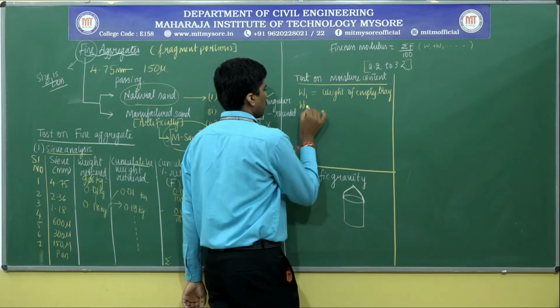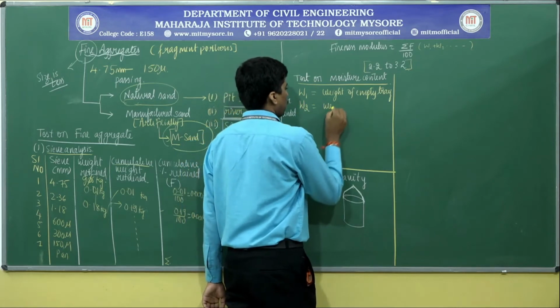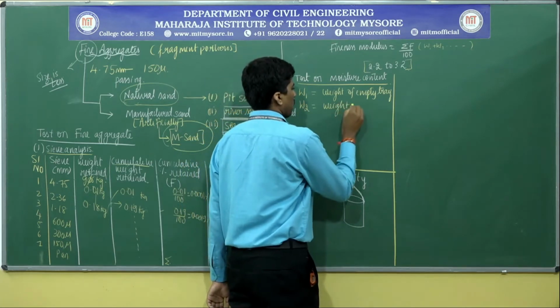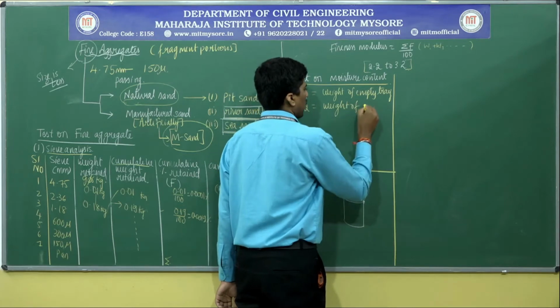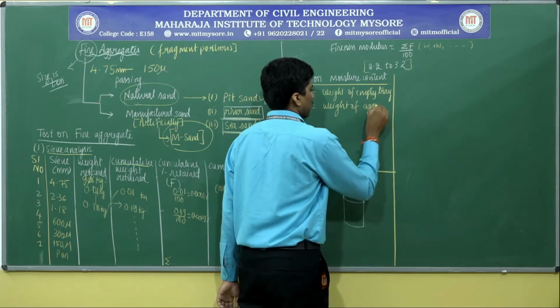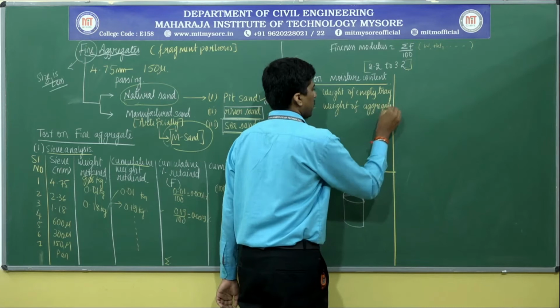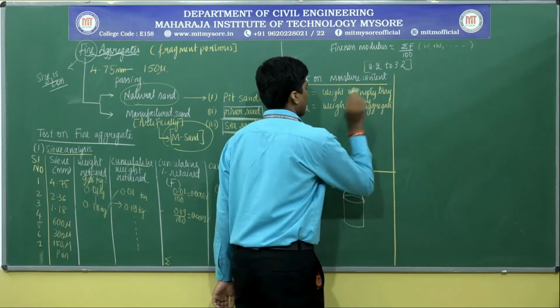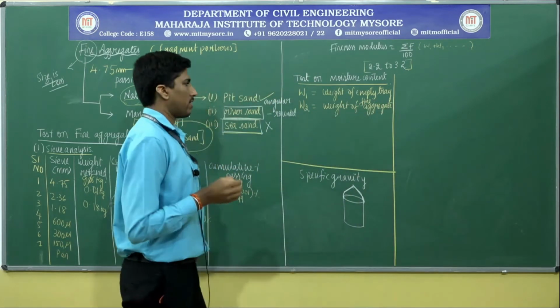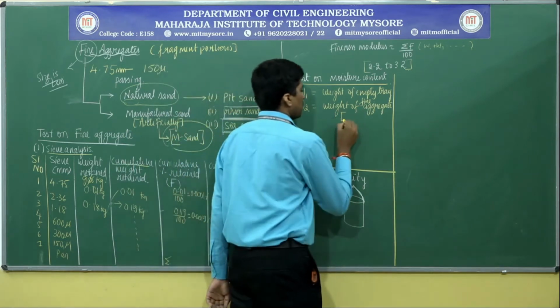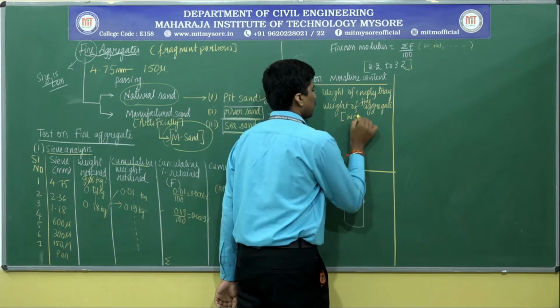W2 is equal to the weight of the aggregate. Which aggregate? It is the fine aggregate. Weight of the fine aggregate, in which condition? It is in a wet condition.